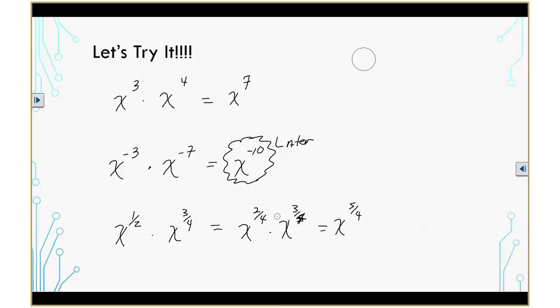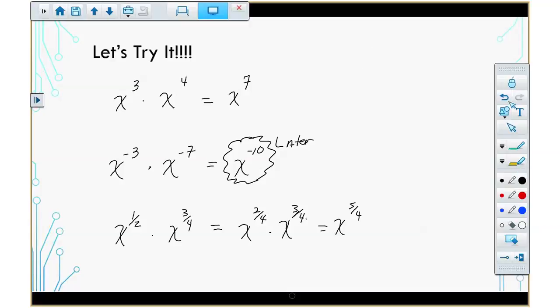I was adding in my head when I wrote that. I'm sorry. So that's called adding the exponents, meaning you have the product rule. Comprende? Everybody feel good about that?